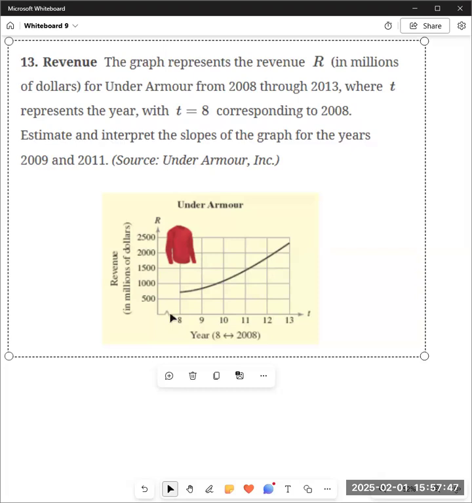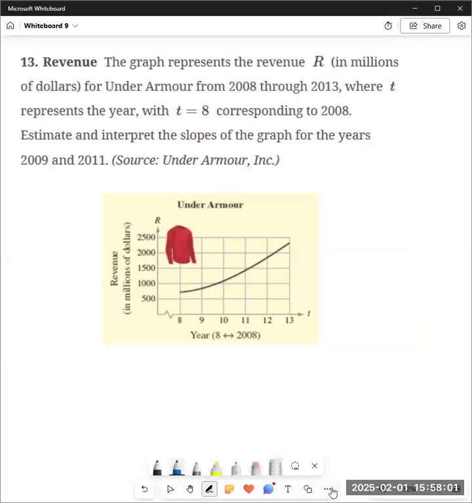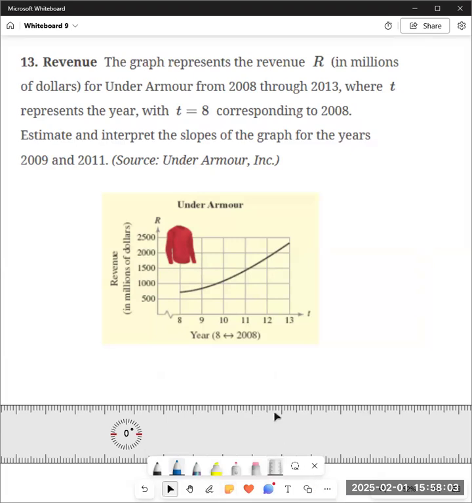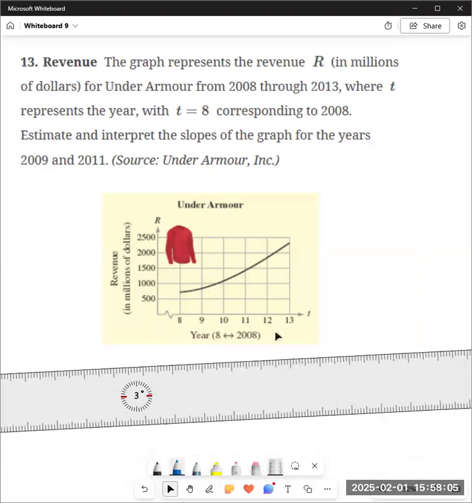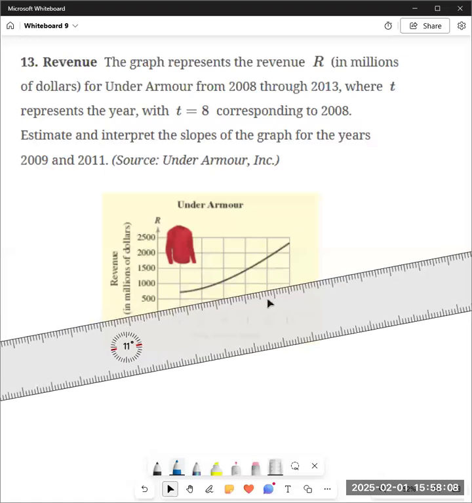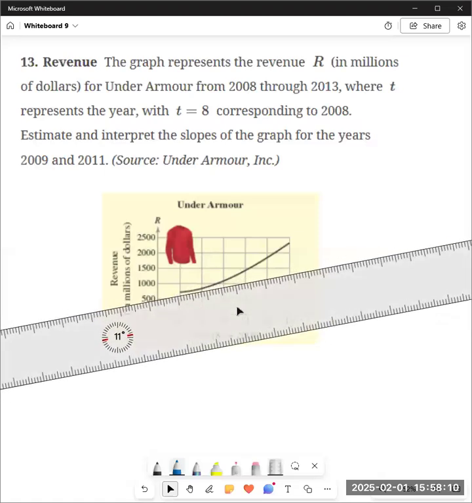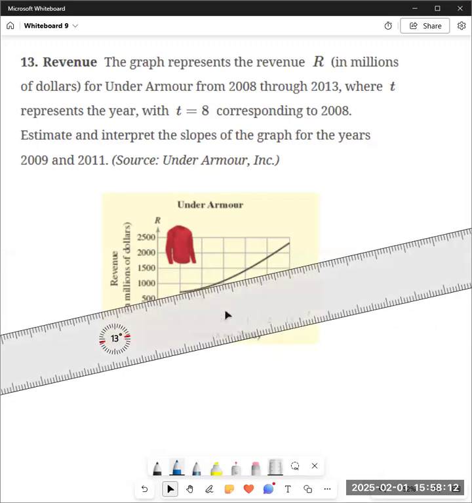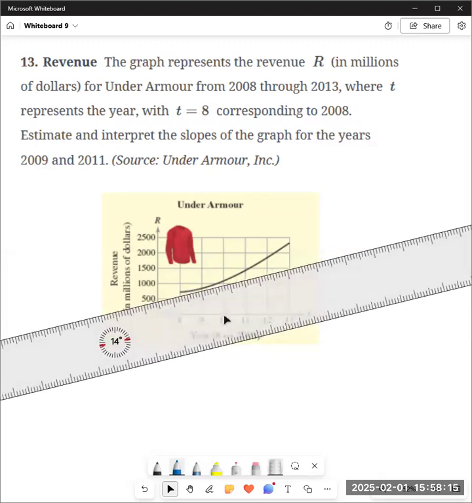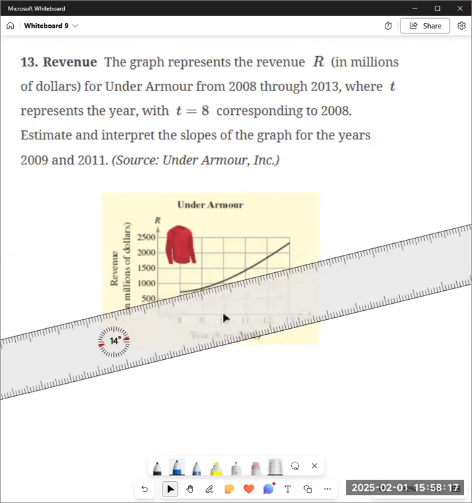All right, estimate and interpret the slopes of the graph for the years 2009 and 2011. So at 2009 right here, we're going to try and draw a tangent line to the best of our ability here. And let's see if I can do that. And this is a really tough problem. I'm just telling you, I know that you get assigned a problem like this, even if you're using WebAssign.